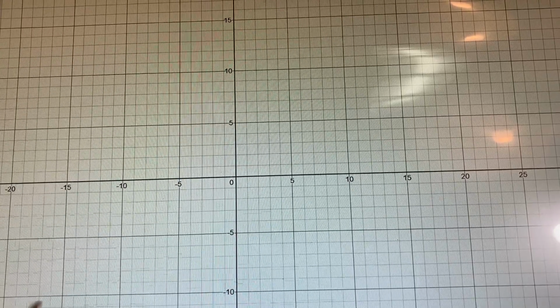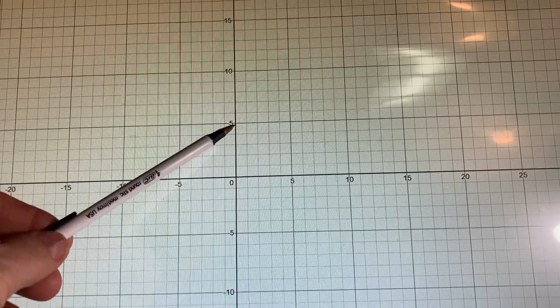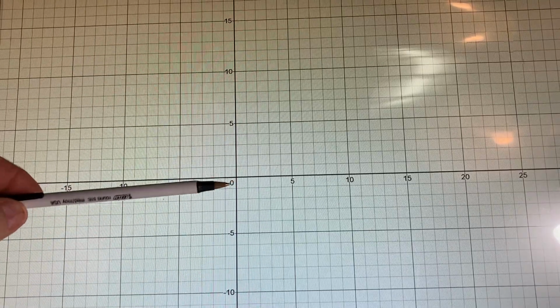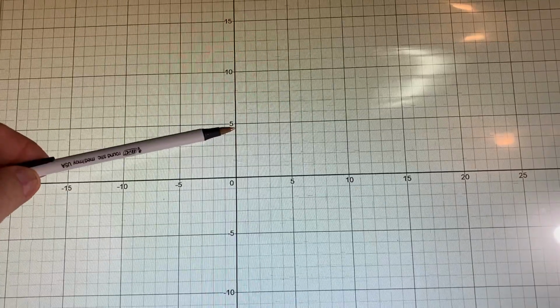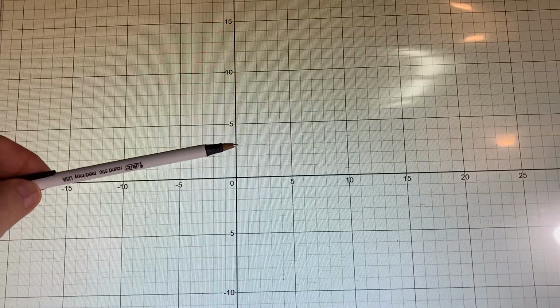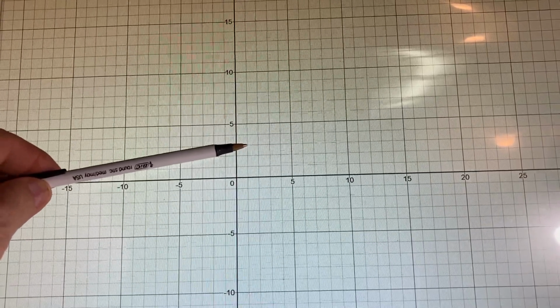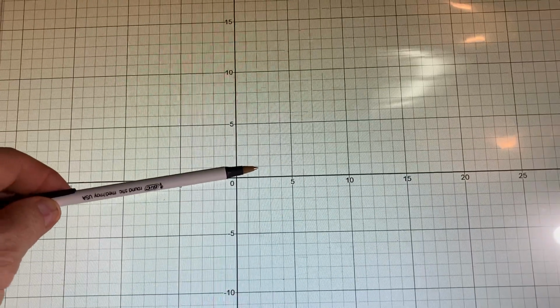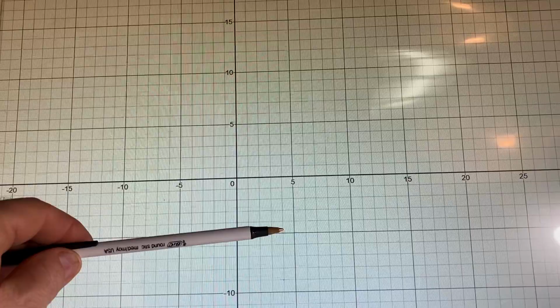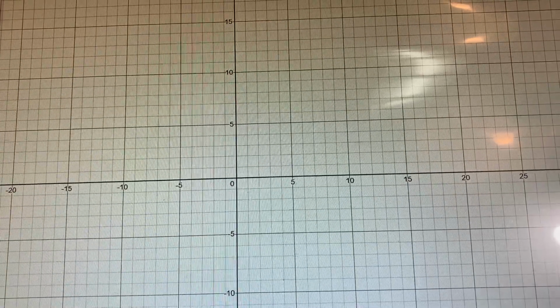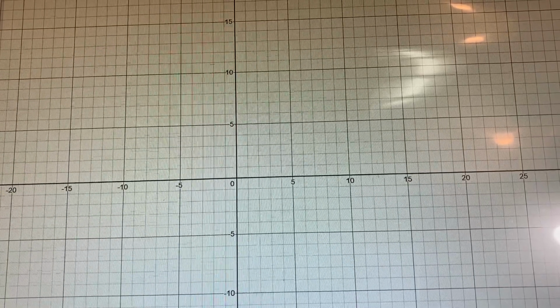Start at the origin, go up 5 units. It's going to go right through that spot. That's 5: 1, 2, 3, 4, 5. Then from that spot, it's going to go down 2 units and right 1. Down 2, right 1. Okay, so that's the original function.